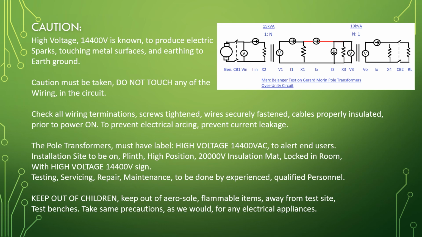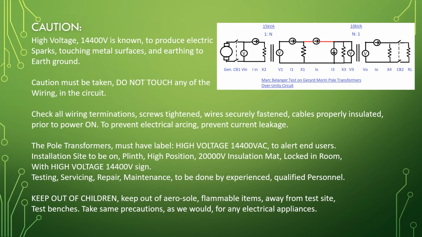Check all wiring terminations, screws tightened, wires securely fastened, cables properly insulated prior to power on. To prevent electrical arcing, prevent current leakage. The pole transformers must have labeled high voltage 14,400 volt AC to alert end users.